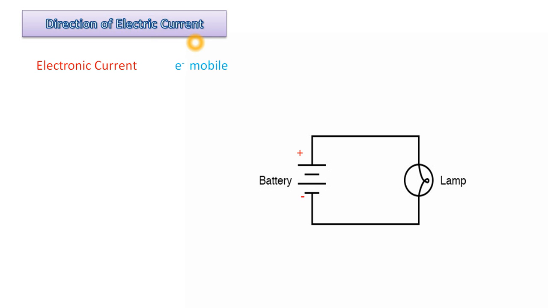Now, if you look at the circuit carefully, this is the positive terminal, and this is the negative terminal of the battery. Electrons are negatively charged particles. In which direction will these electrons flow?